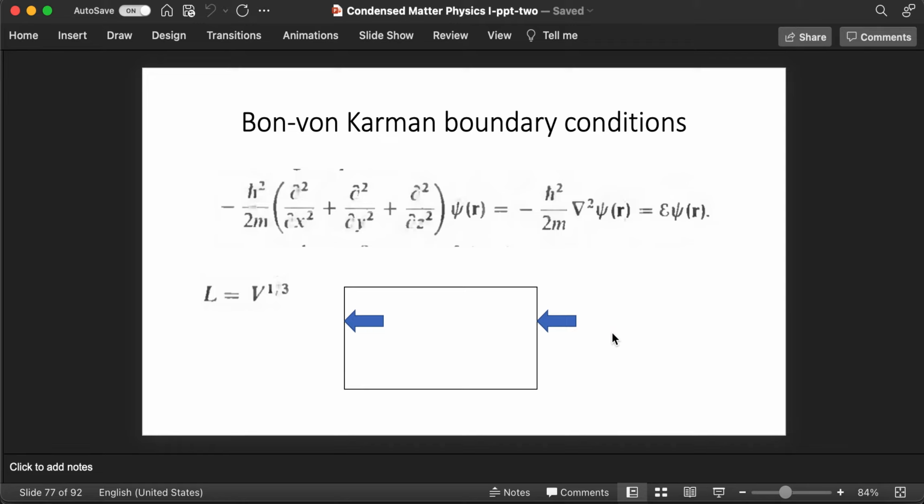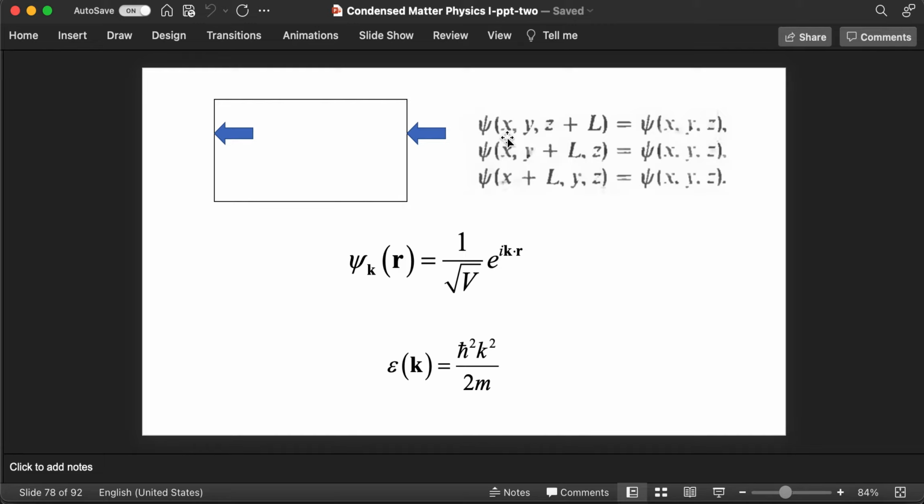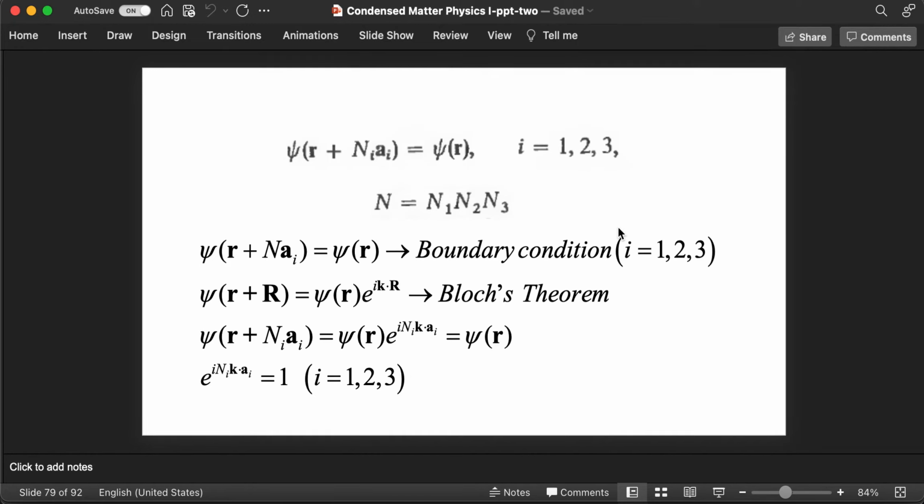Instead of a standing wave boundary condition, we use a traveling wave condition, and that essentially means in all three dimensions psi of z plus L is going to be psi of z, and so on cyclically in all three dimensions. That was just for a box, but now we are having a lattice, and that lattice has got a primitive cell, and that primitive cell can be translated in all three dimensions. So we are going to rewrite the Born-von Karman boundary conditions as psi of r plus some integer times a_i.